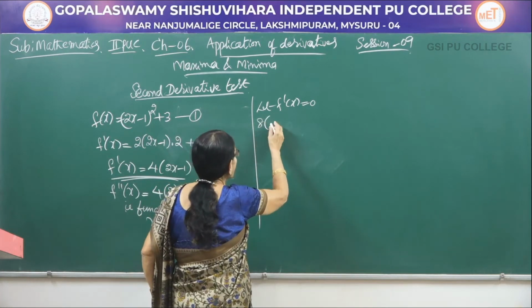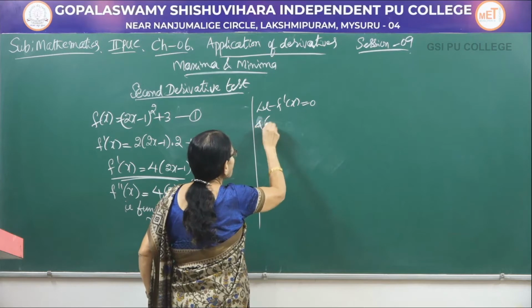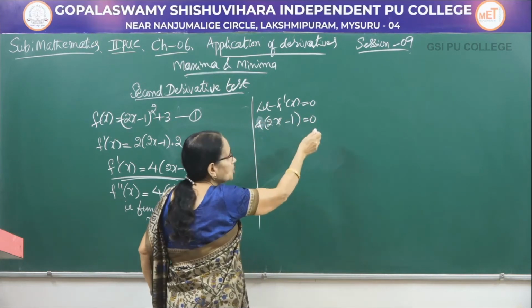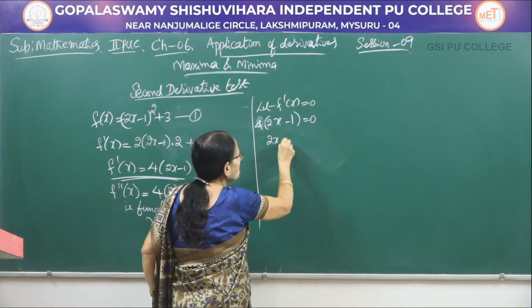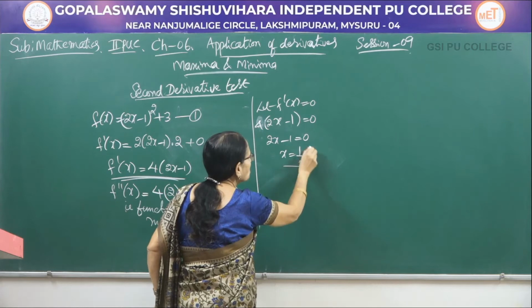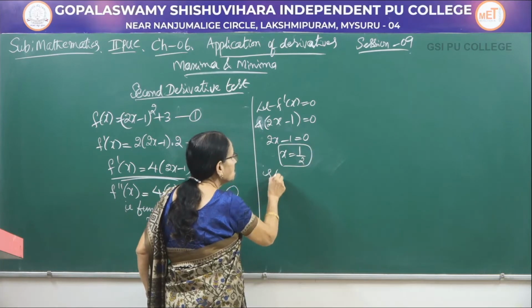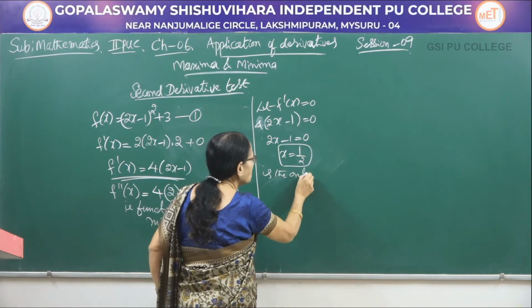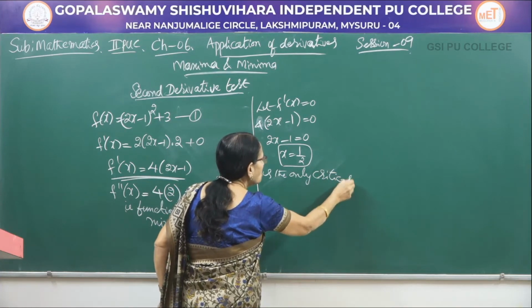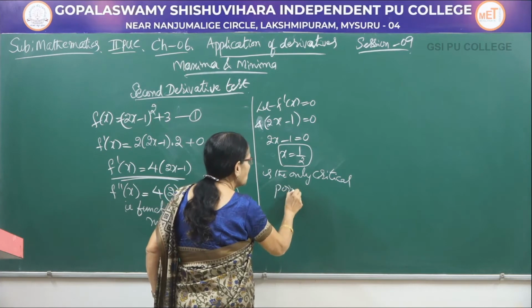What is the first derivative? That is 4 into (2x minus 1) equal to 0. 4 cannot be 0, so 2x minus 1 equal to 0 implies x is equal to half. This is the only critical point we are getting. x equal to half is the only critical point.